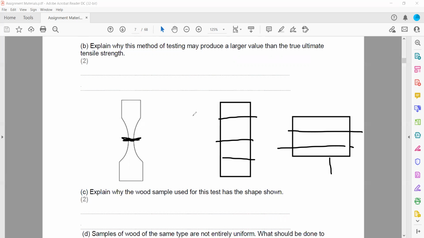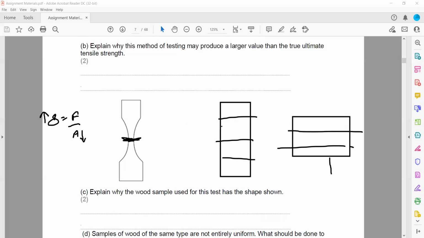But using this technique, because it is narrow here, we have the formula that stress is equal to force divided by area. So when the area is small, there will be a maximum stress. So we can work out the maximum stress applied on this object, and it will break at a certain point only, like this point where it is narrow. Otherwise, if it was the whole sample, it can break from any point, so we'll not be sure of it.